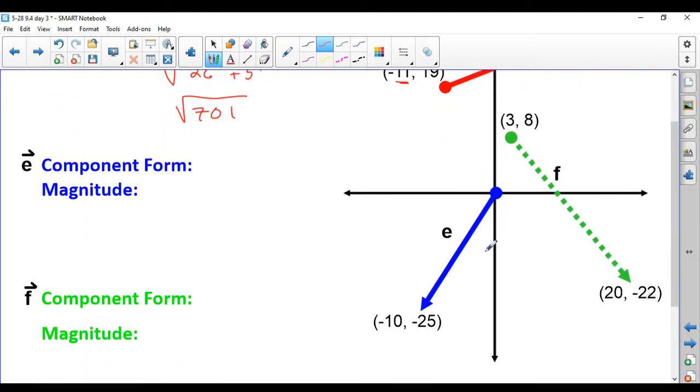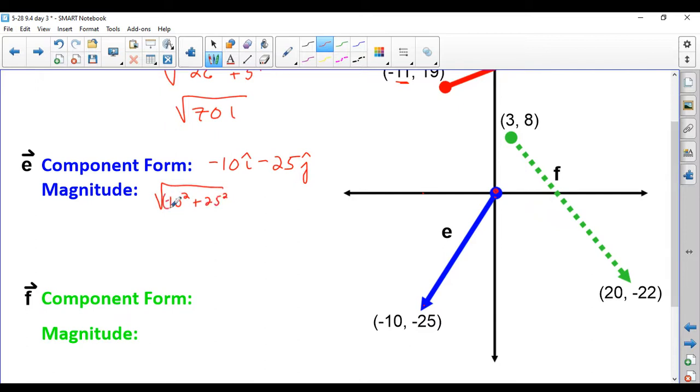Now, vector E, I don't need to do any calculations to find its component form because it's starting at the origin. So if it starts at the origin and ends up at (-10, -25), it must be going left 10, so -10 i hat, and down 25, minus 25 j hat. And then when I go to calculate the magnitude, it's the square root of 10 squared plus 25 squared.